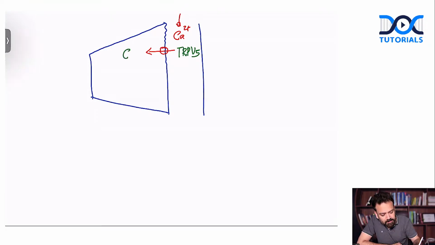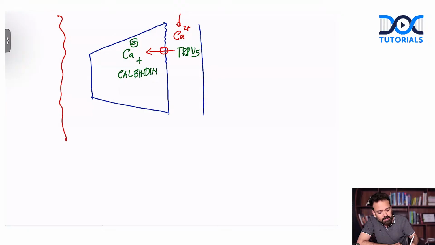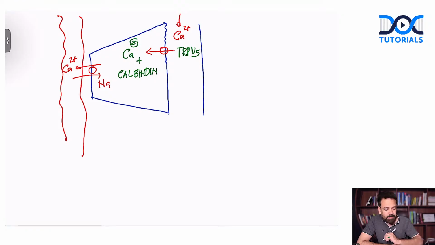After that, the second step is that this calcium will bind with calbindin. Okay, it is not calmodulin, it is calbindin. And on the basal side, we have a channel called the sodium calcium exchanger, and this calcium is absorbed.